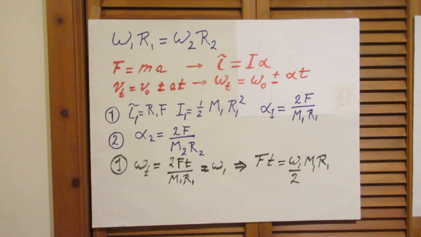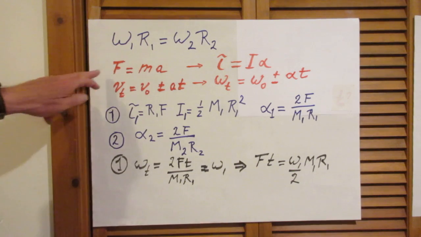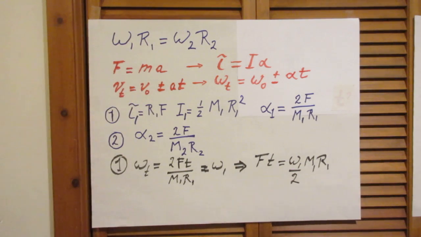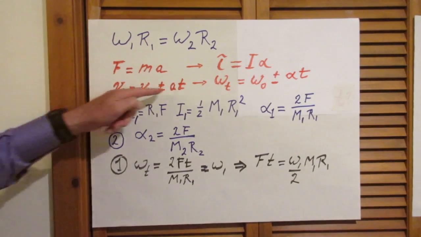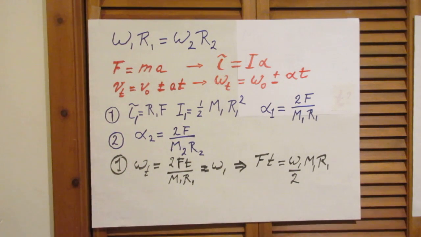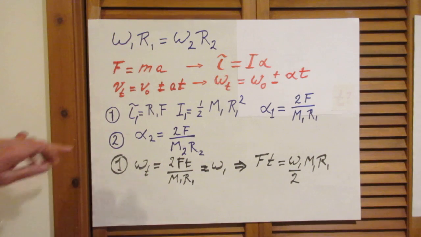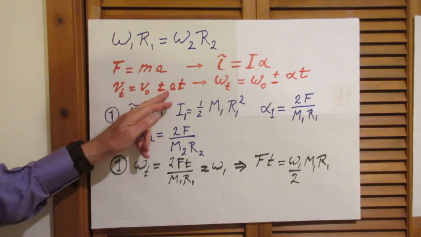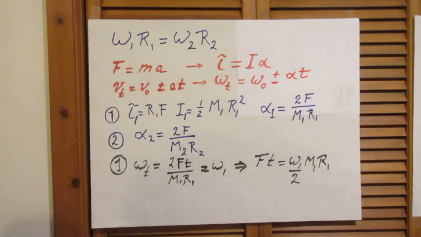All of you will remember, of course, I hope, Newton's law, F equals ma. And if we have a motion, linear motion, one-dimensional, just for simplicity, then the velocity at time t is the velocity at time 0 plus or minus at.